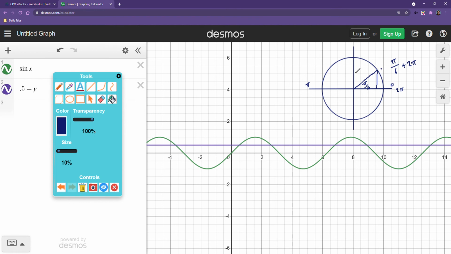And if I do 3 loops, it should also work. For any multiple of 2 pi, this solution will work. And so we write it as we did with the domain of tangent, 2 pi times n. And remember, n should be an integer.